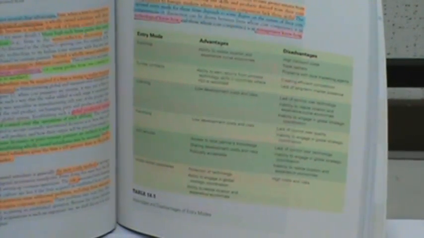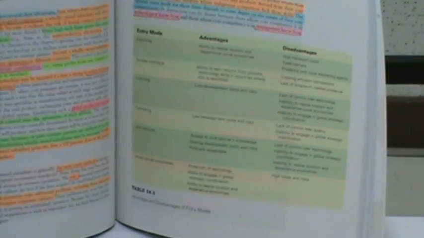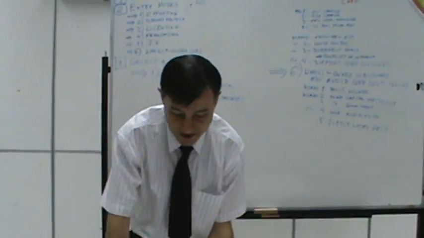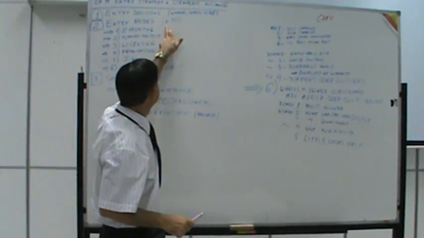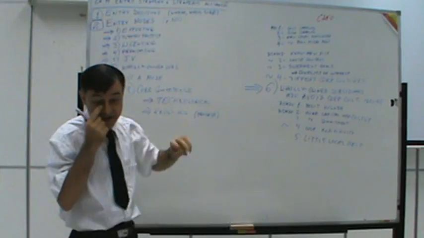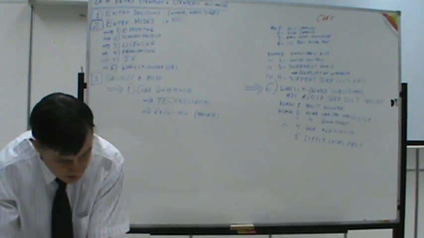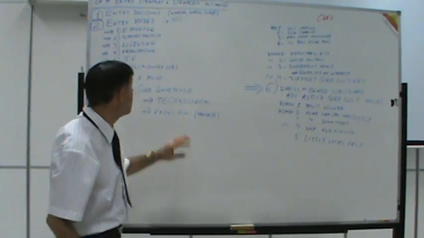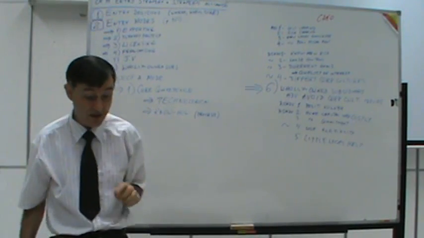It just gives you a short, sweet summary table of the main advantages and the main disadvantages. You zoom in good, right? Okay, thank you. So, page 525 is that nice little sweet table. It gives you all the basic stuff about advantages and disadvantages.